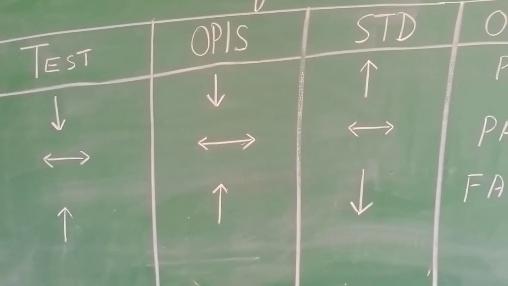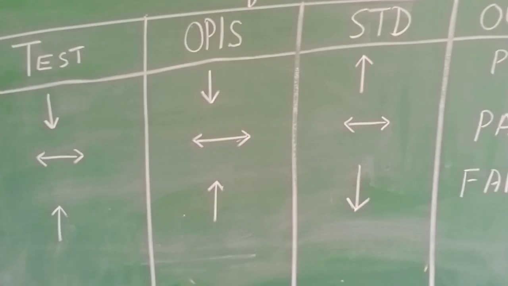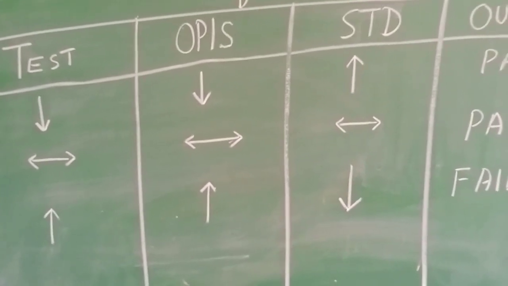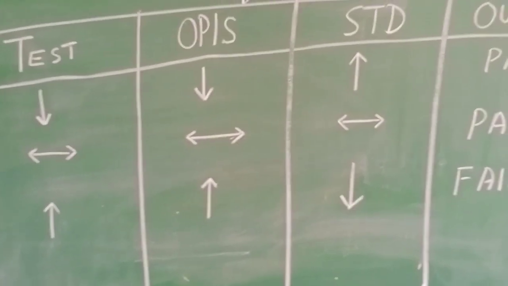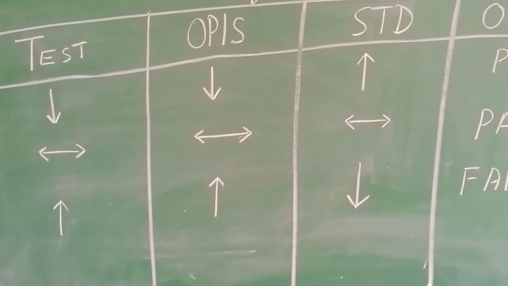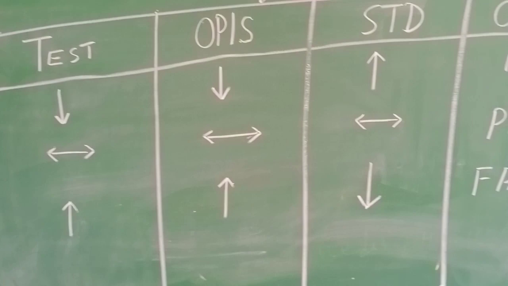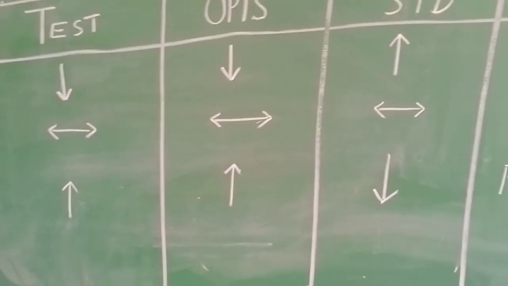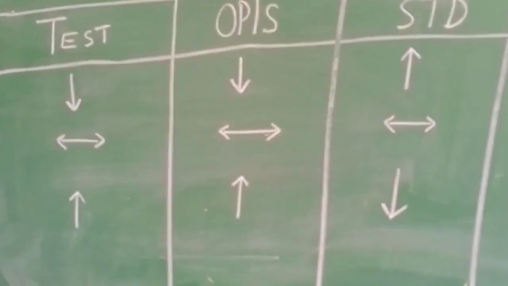The down arrow indicates less opalescence, the upward arrow indicates high opalescence, and the horizontal arrows indicate equal opalescence.